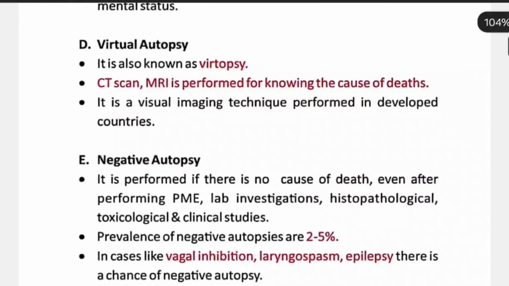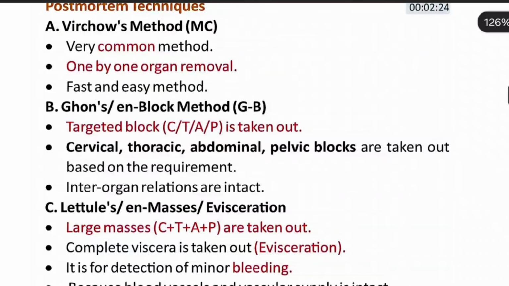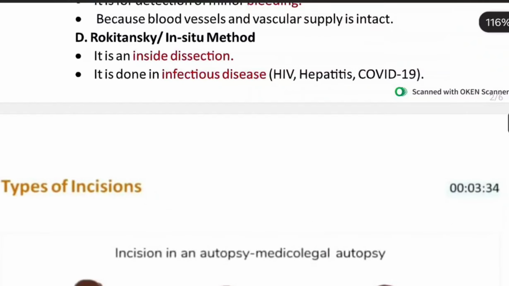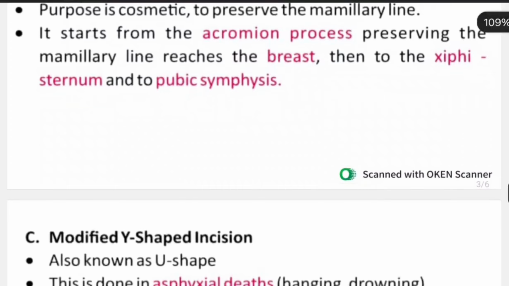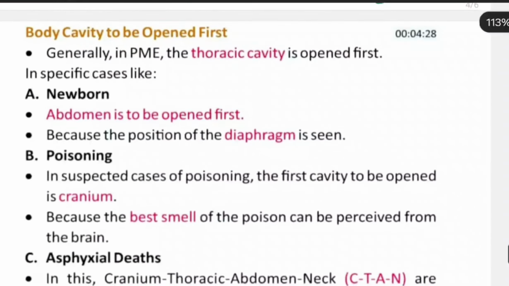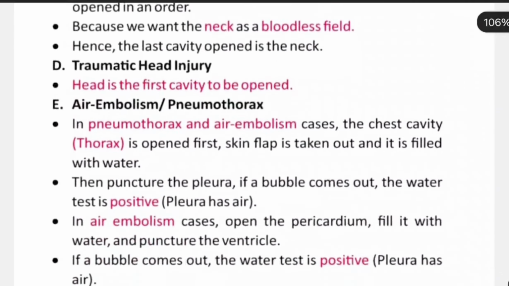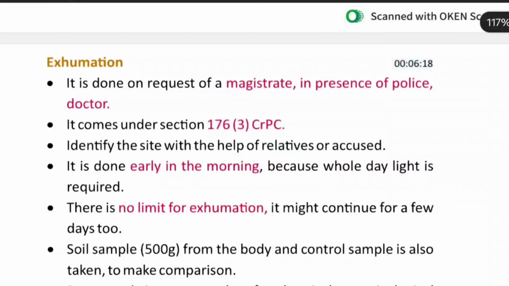Also we are going to talk about the post-mortem techniques, which is the most common, and the types of incision during autopsy. We will also talk about which body cavity is opened first during the post-mortem, and also the exhumation, what is exhumation, and on whose request it is performed.